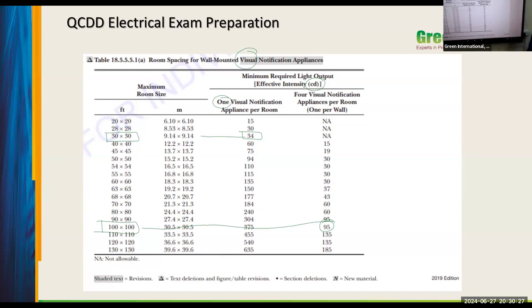Yes, 95. That means 95 candela, and we need to install 4. Suppose we use only 1, we use this one. It depends upon the design engineer, because if you are using 4, we need to count the cost for the 4 devices and accessories. So it depends upon the project; the pre-sales engineer will use either 1 or 4.